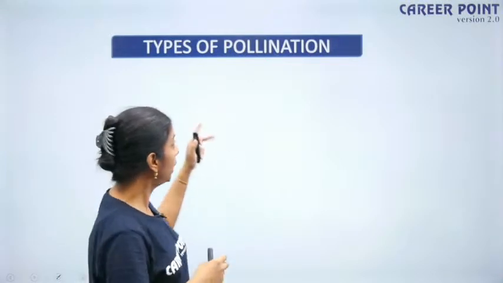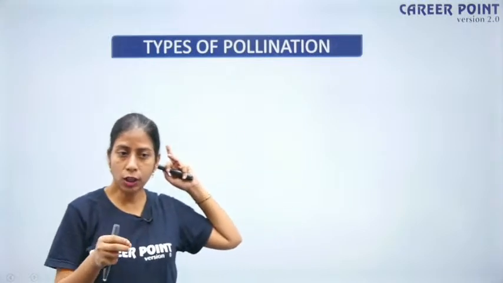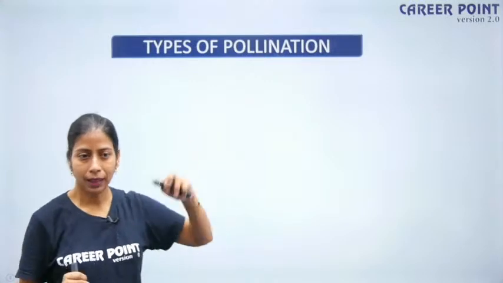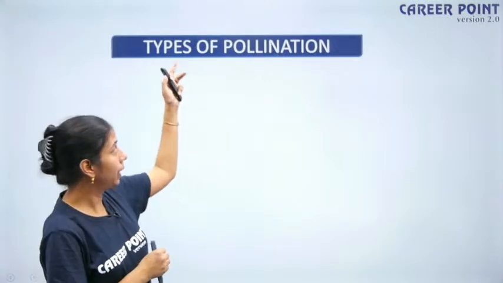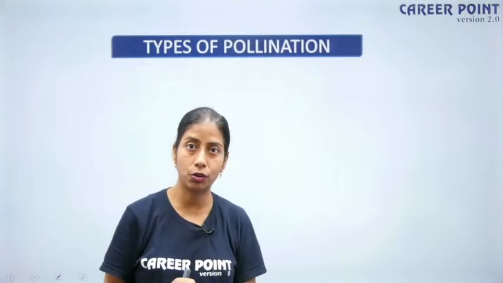Okay, so here we are going to study about pollen to stigma या pollen grain to stigma, from anther to stigma. That's what I have written. Okay, so here types of pollination, there are two types of pollination.